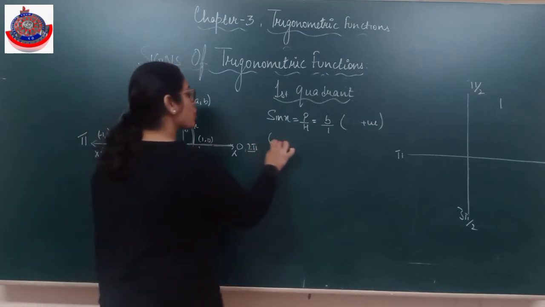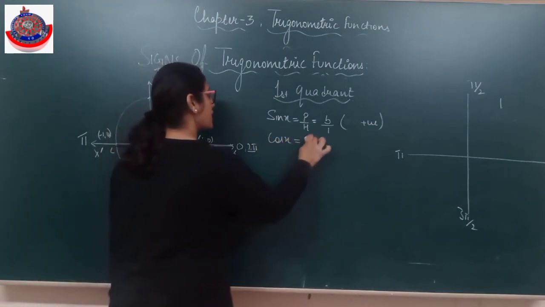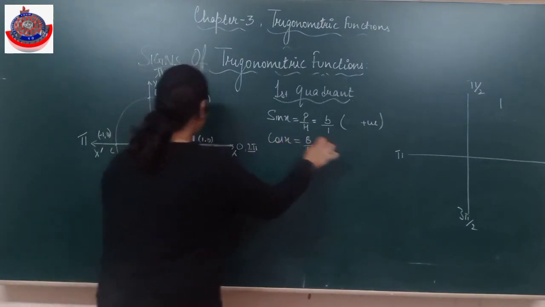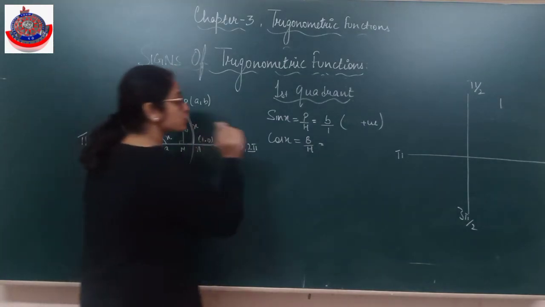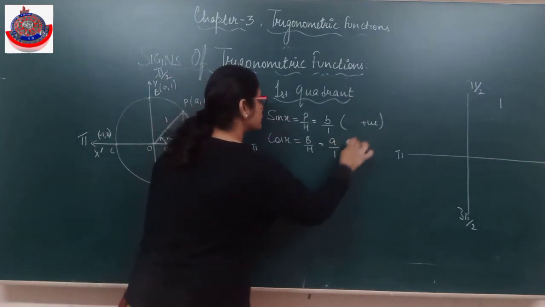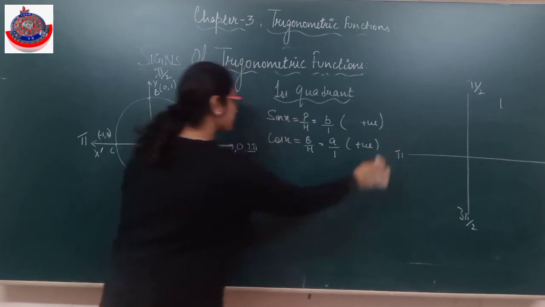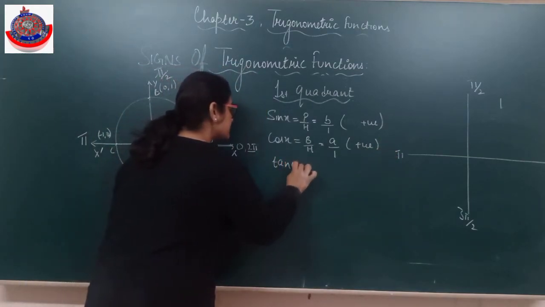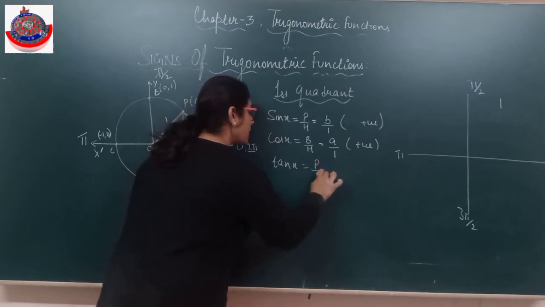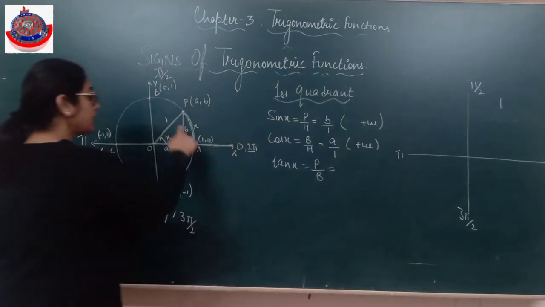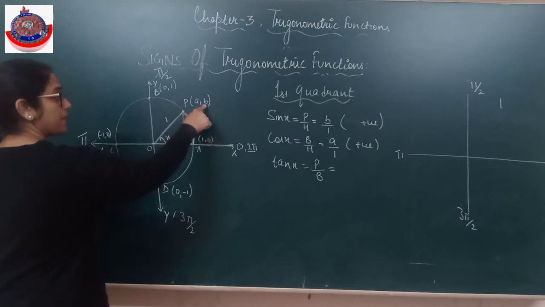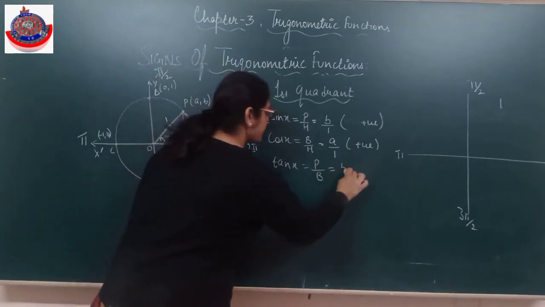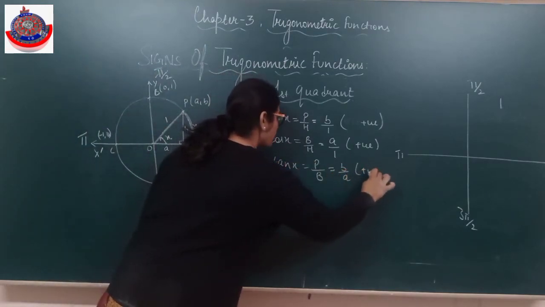Now if I talk about cos, B upon H, what is the value of B? Positive A. So it's A upon 1, that is also positive. Clear? Then I talk about tan. What is tan? Tan is P upon B. What is P? Positive B, and A is positive A, so it's also positive.